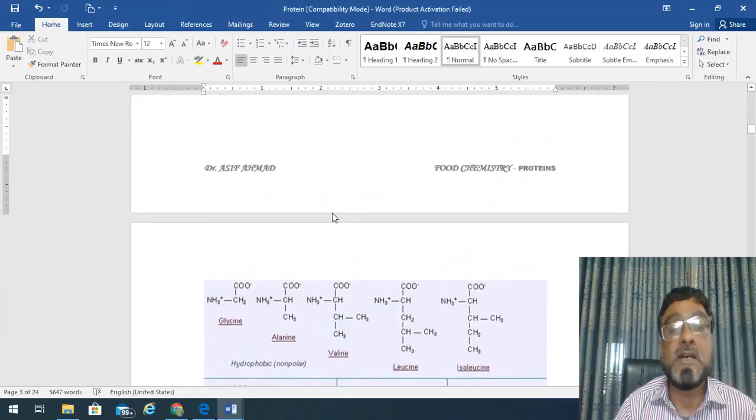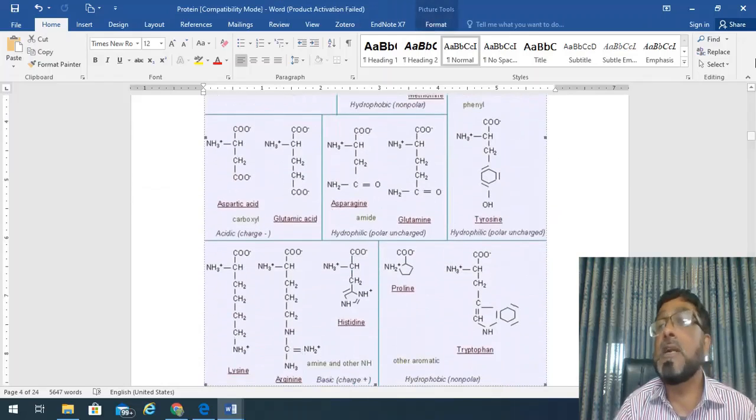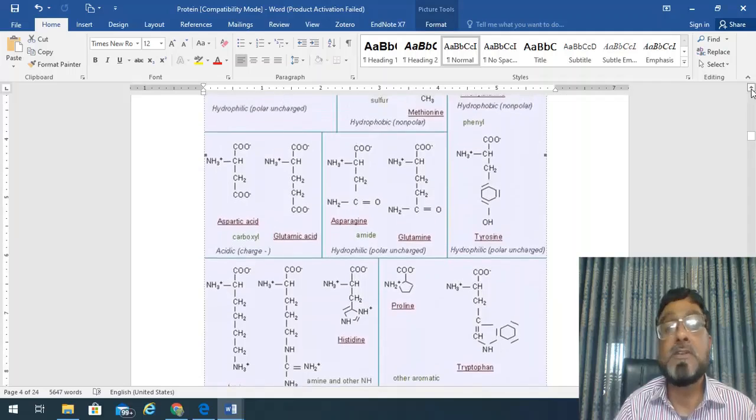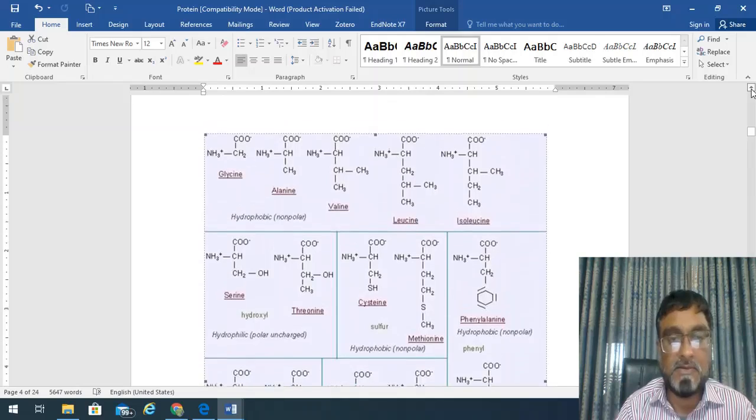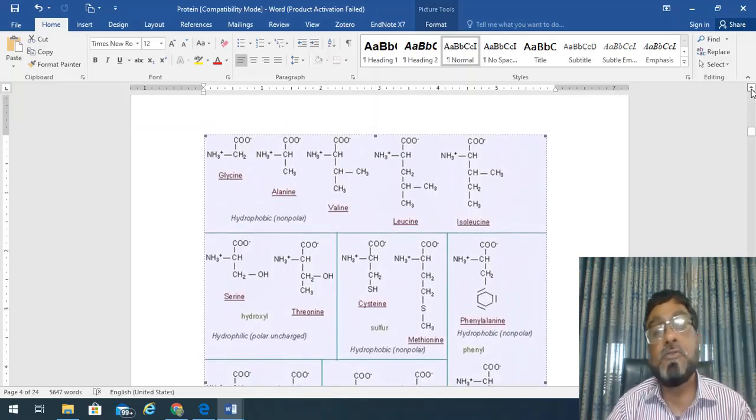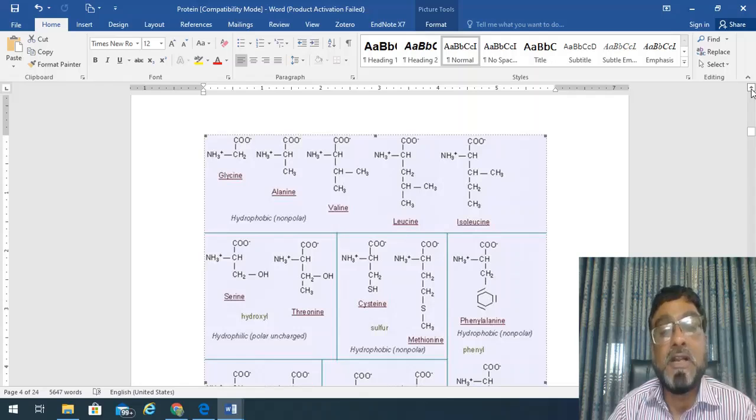These are the structures of the amino acids, and you will be remembering and practicing all of these structures in the order I am telling you. First of all, these are the further classifications. We will be looking at hydrophobic and non-polar amino acids.